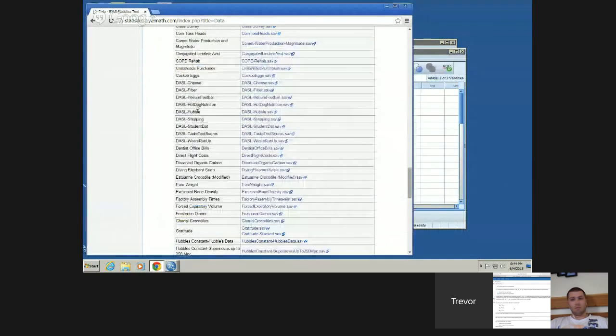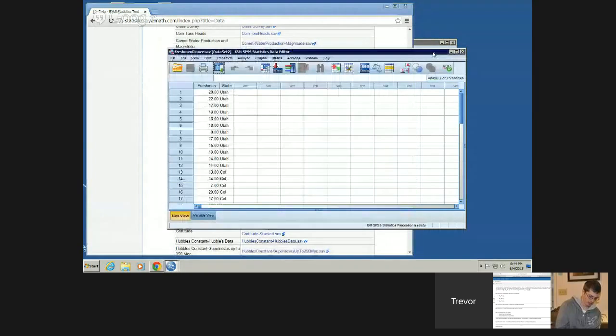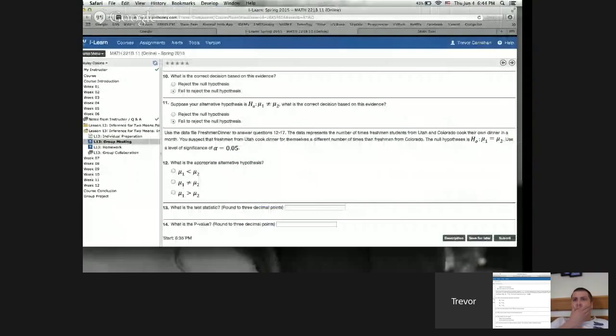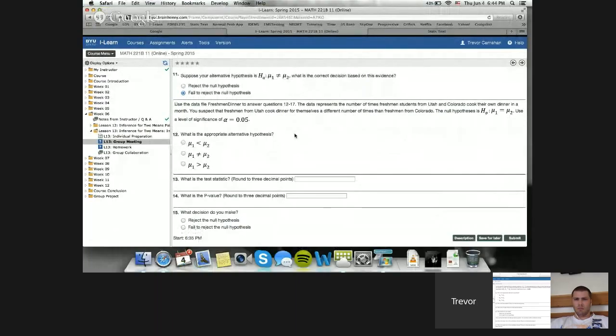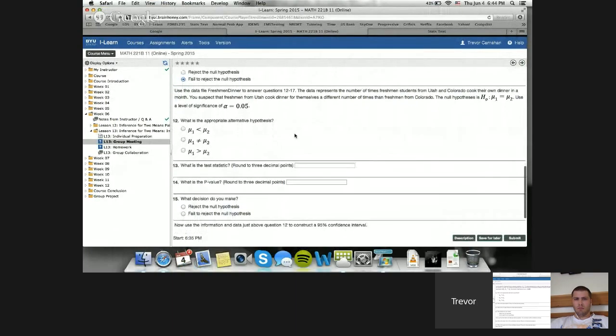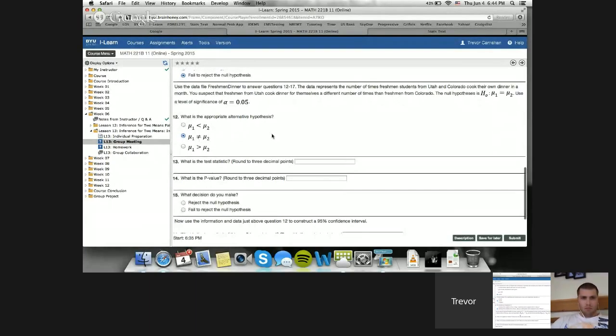Okay, number 12, the last. So use the data file freshman dinner. Go ahead and open that up. Answer questions 12 through 17. The data represents the number of times freshman students from Utah and Colorado cook their own dinner in a month. Expect that freshmen from Utah cook dinner for themselves a different number of times than freshmen from Colorado.